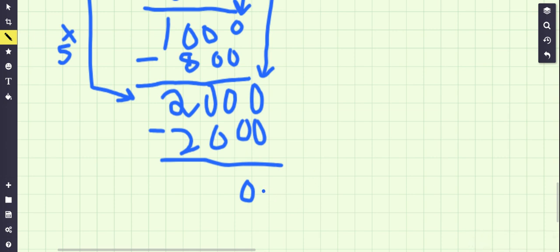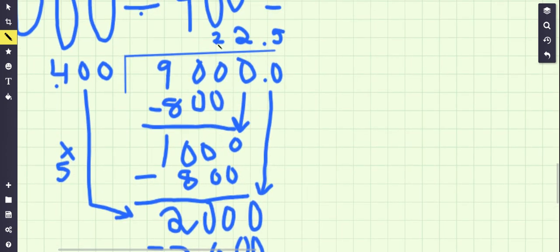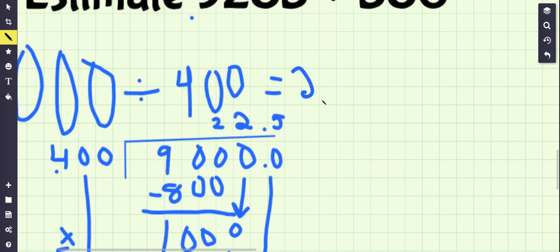So we can keep dividing until we get all the way to 0. So now since we already divided, that's gonna be about 22.